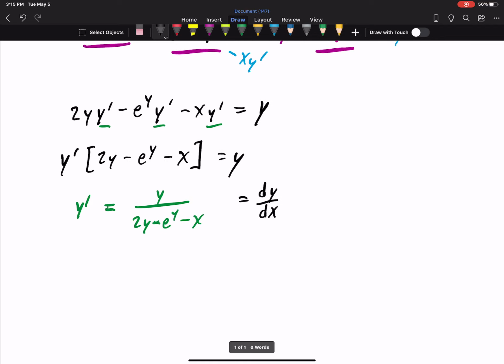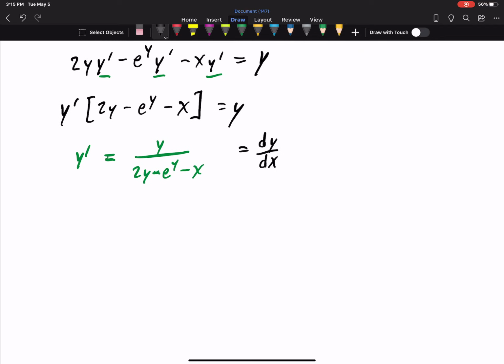Now we need to find the second derivative. So what we're going to do is derive both sides implicitly again. This becomes a little bit more tricky because we have a lot of y stuff to worry about, unlike the last problem. So this is still going to require the quotient rule to derive the right-hand side because we have this numerator of y, and we have the denominator with all this y and x stuff in it.